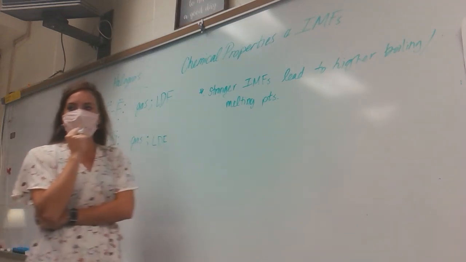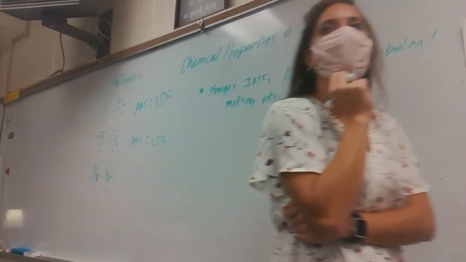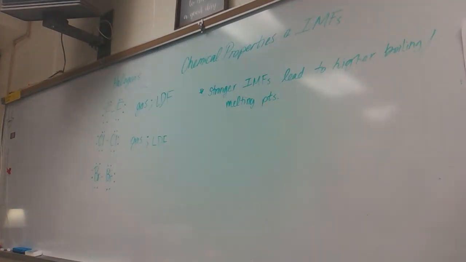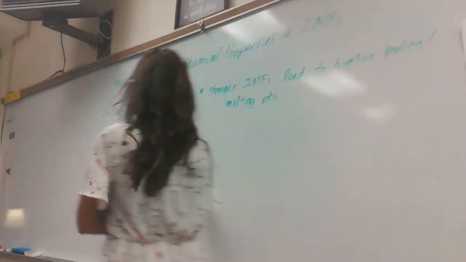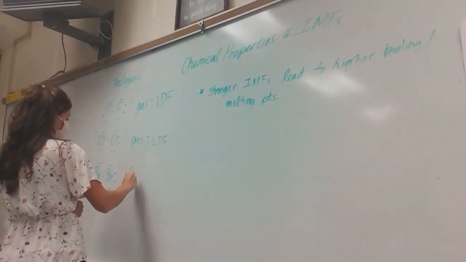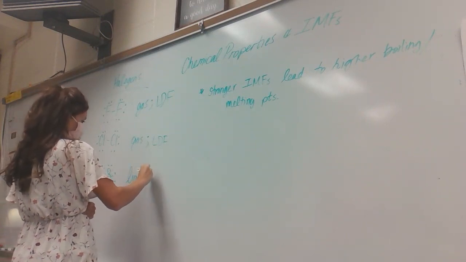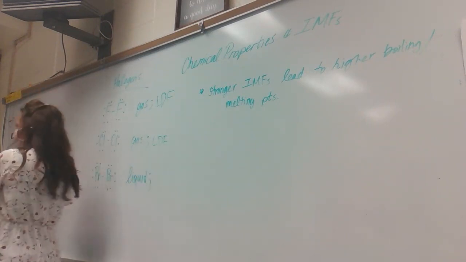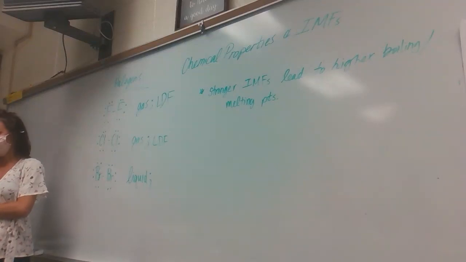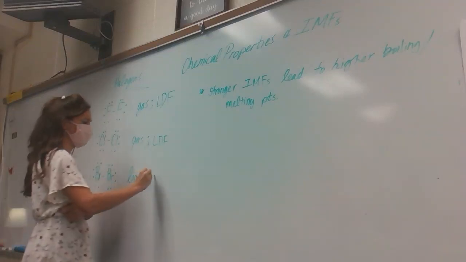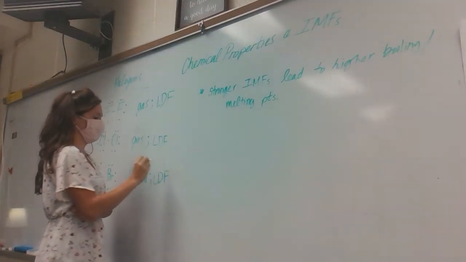I'll take a guess and go with gas. Bromine, room temperature: gas, solid, liquid? Not aqueous, liquid. Dang it. What type of intermolecular forces are present? Just London dispersion forces. What the heck?